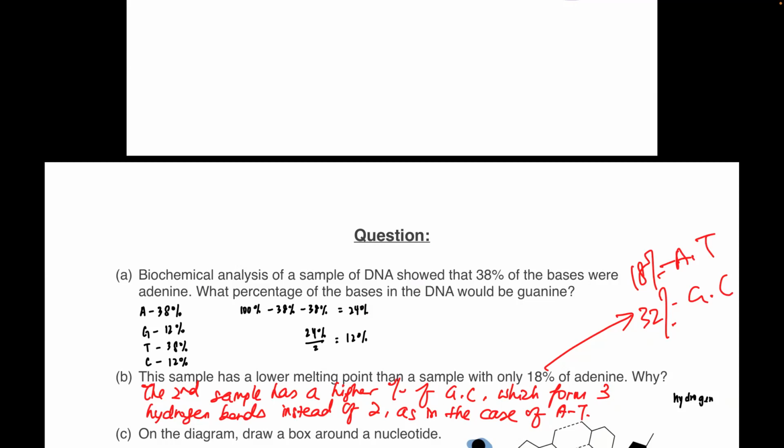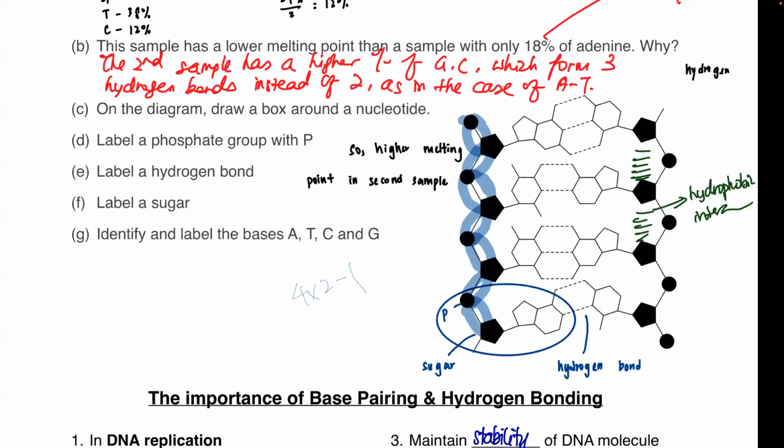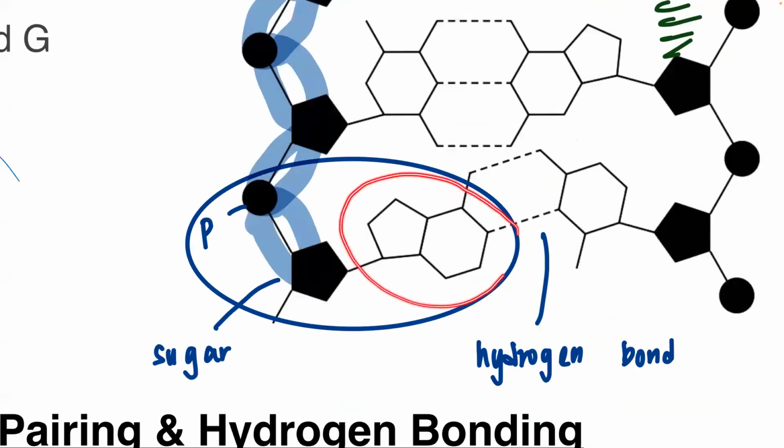No, because when you draw that, your nucleotide doesn't include the base. Your nucleotide has a base, a phosphate group, and a sugar. So as long as your box includes a base, a phosphate, and a sugar, that will be fine. Or you can draw it like this.